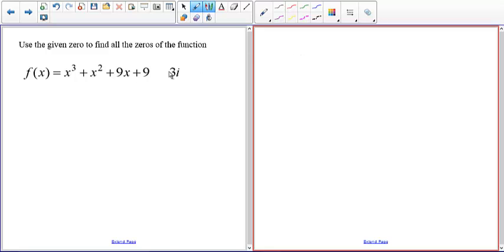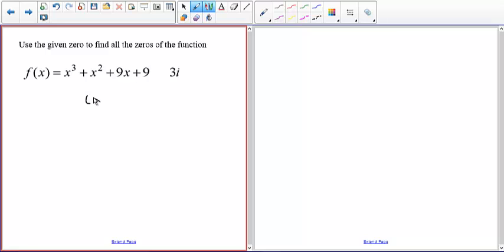So this says that one of the zeros is x equal to 3i. So the corresponding factor associated with x equals 3i is x minus 3i. So the complex conjugate would be x plus 3i. So that's the other 0. The other complex 0 is the complex conjugate.